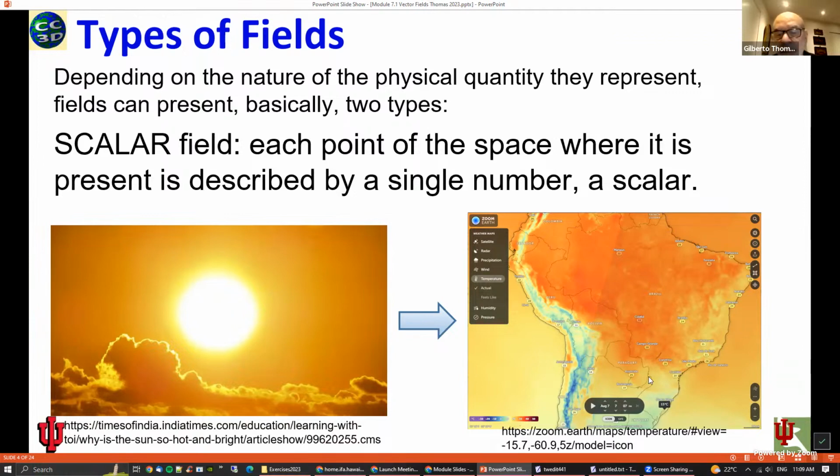We can see these temperatures by colors, but it is just a number. The temperature is a number. Each region of the map has a different color, and you have a scale in the picture that shows colors associated with temperatures, just a number.